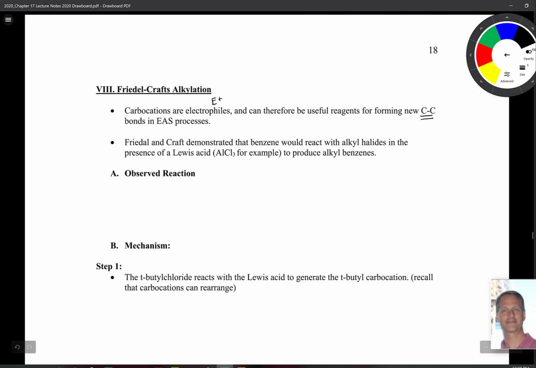So the observed reaction is taking a benzene. I'll just highlight an H right there. And the reactants that we're going to see here is that this is added to some type of alkyl halide.